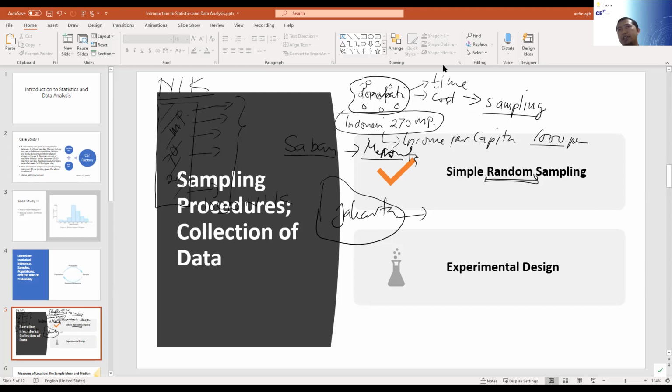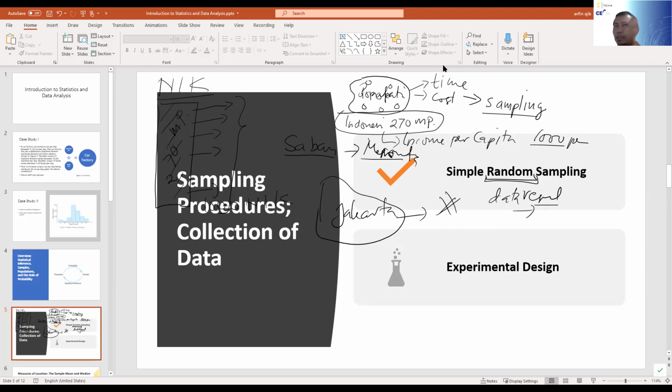We cannot say that when we sample the income per capita from Jakarta, after we got the data result, this is the income for Indonesia.